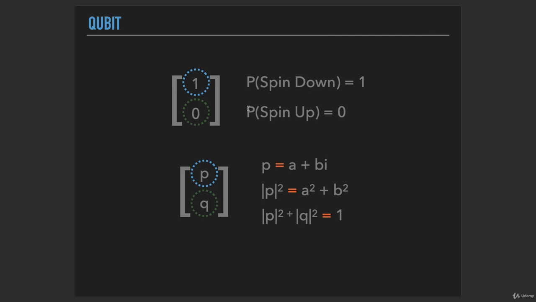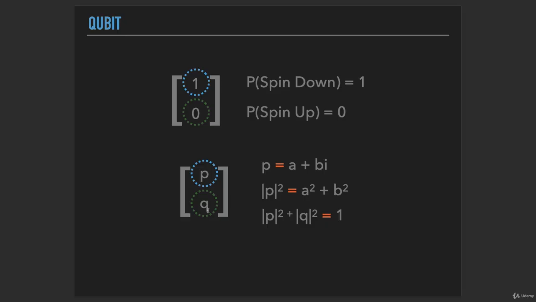Okay, so if we see 1 0, it means that we're gonna get 100% spin down over there. Why does this happen? Because we have some numbers over here, let's call them A and B. If we want to get the square magnitudes of these, we can just sum up A squared with B squared.